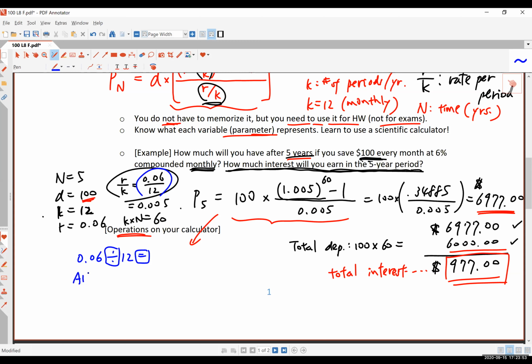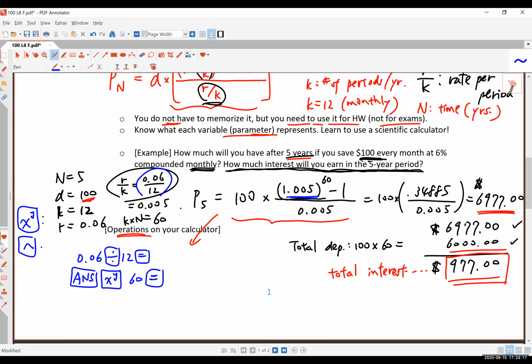And then you get that answer and multiply it by, so you use this key or the caret key, which looks exactly like this, okay? Remember this key and this key, they will do the same thing. And you take this answer and raise it to the 60th power. Okay, and so that's what will give you the answer.